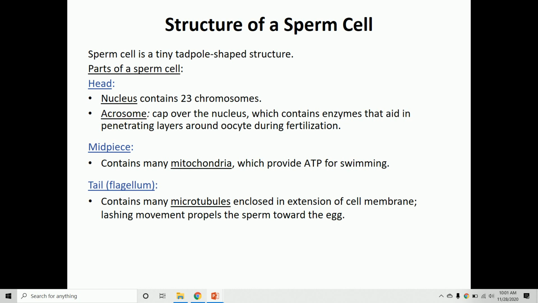The cap is right above the nucleus, and it has all of the enzymes that it would need in order to penetrate the cells that surround the egg during fertilization. The midpiece has the mitochondria, and the mitochondria will supply the sperm with all of the energy or the ATP that it needs for swimming. And the tail or the flagellum has microtubules that are going to help in the swimming process.